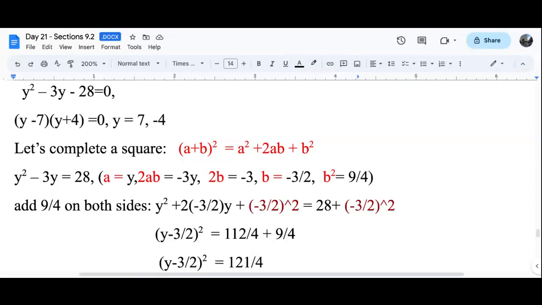Okay. Or anyone else has any questions? You missed the negative 3 over 2 squared on both sides.